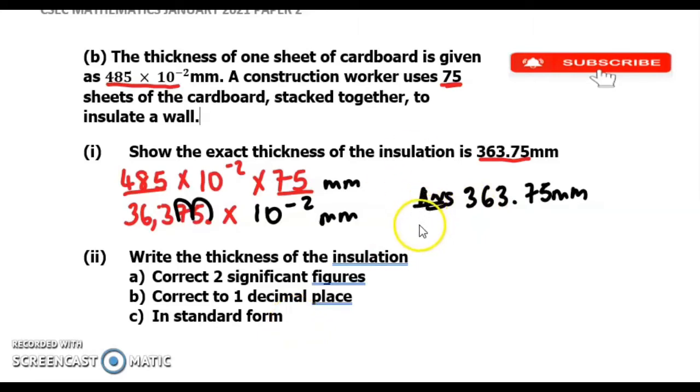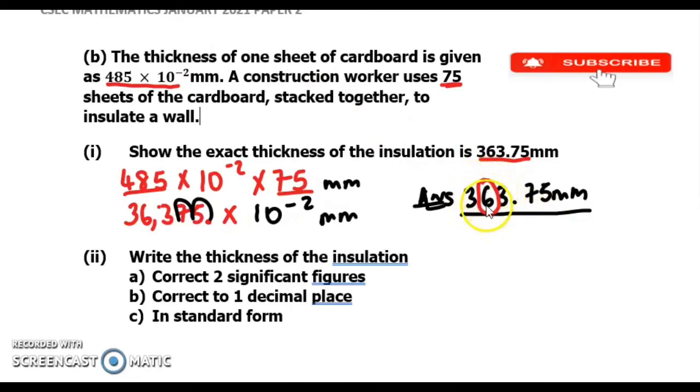So we can basically say that this is our working out, or our proof, to show how you get your answer. The next part of the question, related to B, is to write the thickness of the insulation, and we're supposed to correct that number to 2 significant figures. So we're focusing on this number here. For 2 significant figures, our second significant number would be the number 6.